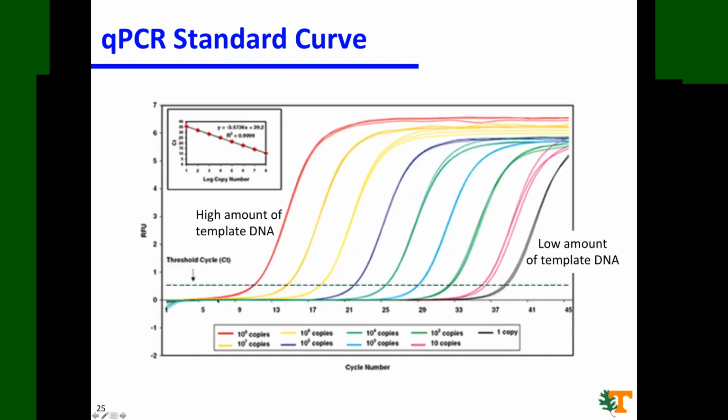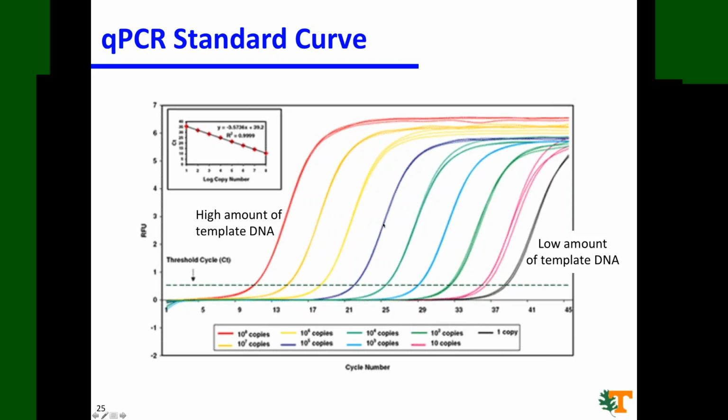Illustrated here in a little bit more detail. I stole this from the web. So you have different amplification curves with different amounts of DNA. Red, high amount, black, low amount. This is the number of cycles in PCR. It takes a lot more cycles for a low amount of DNA to release enough fluorescence to cross the threshold. With a lot of DNA template, it takes fewer cycles.